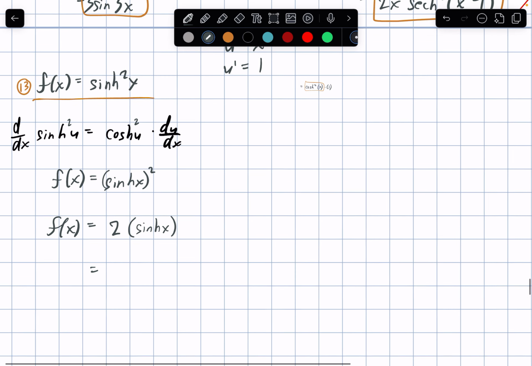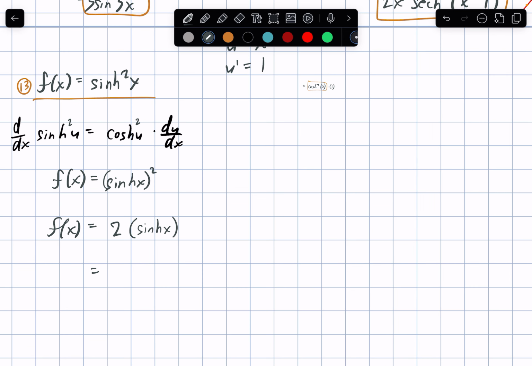What now? 2 times the derivative of this, which is this, d over dx is just 1.